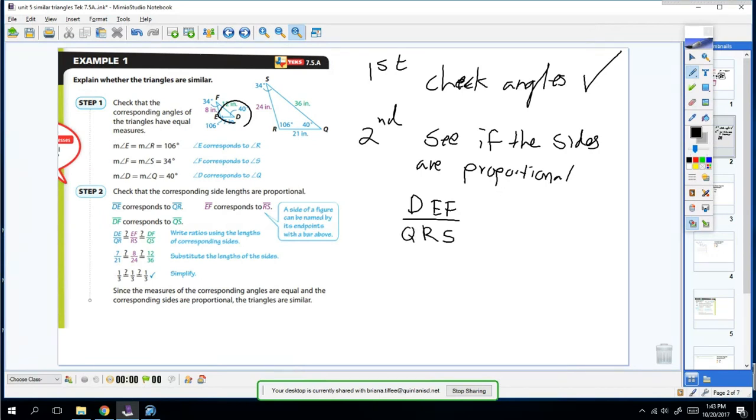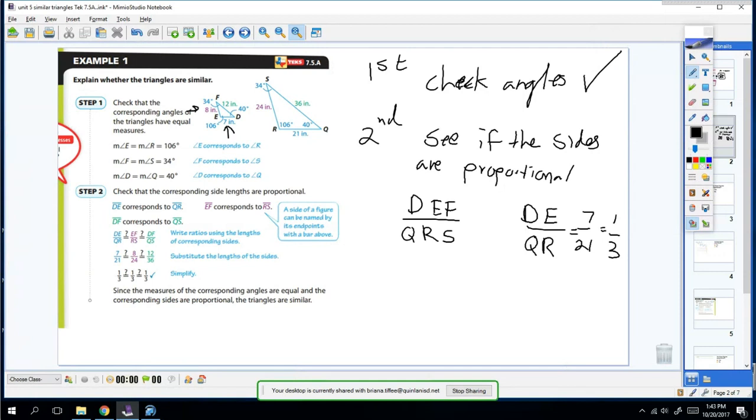The first side I'm looking at is DE. DE goes to QR. So DE equals 7 over 21, or 1/3. I simplified it. And I'll show you why we simplify it in a second.